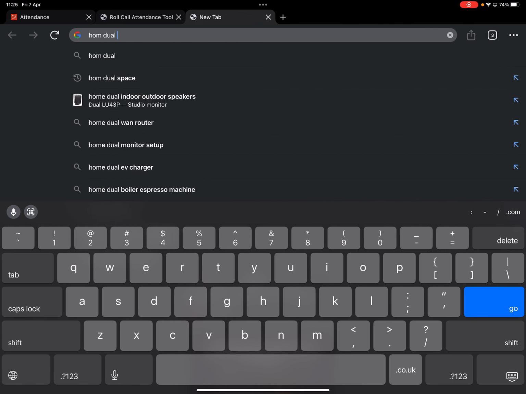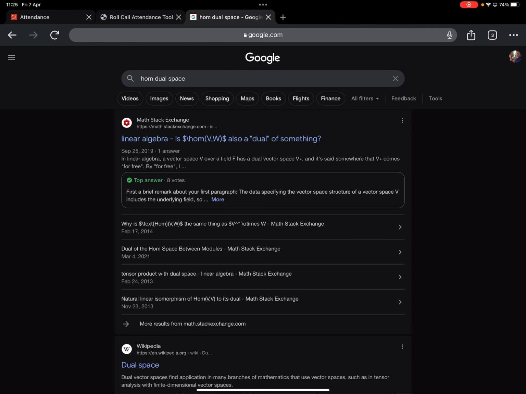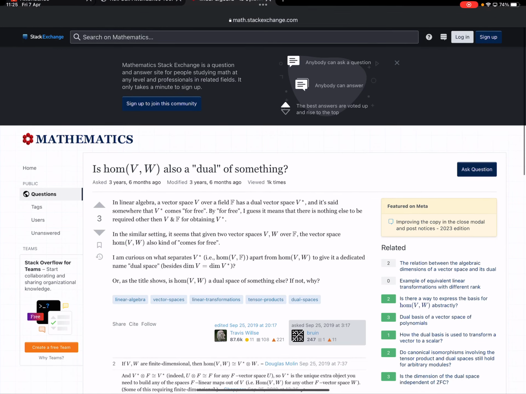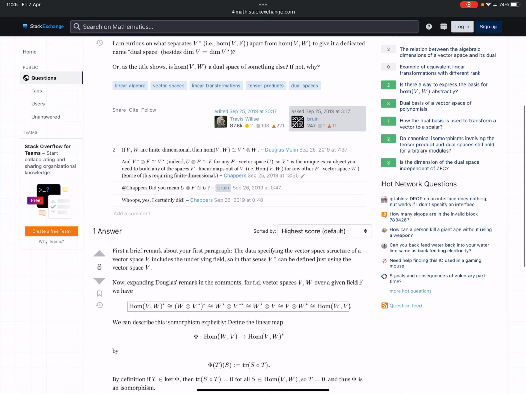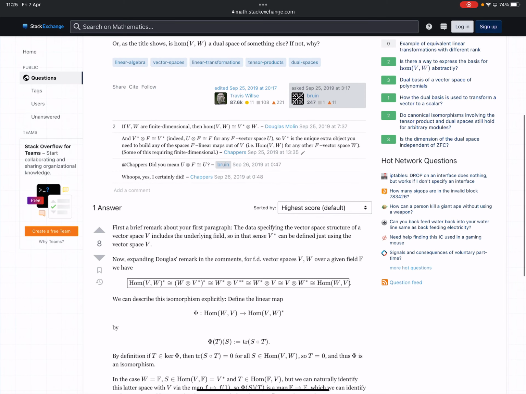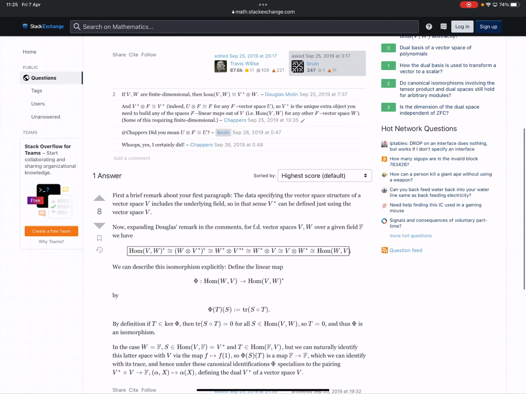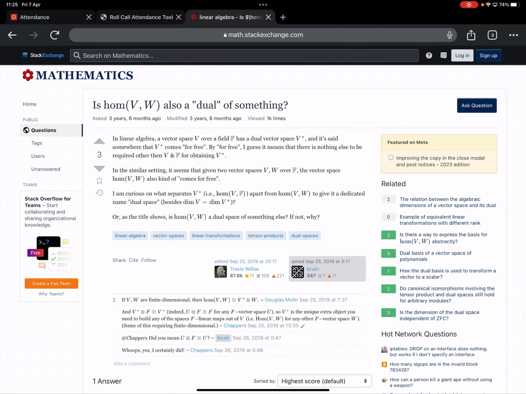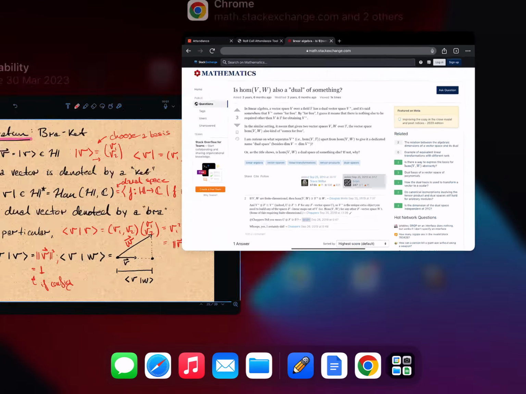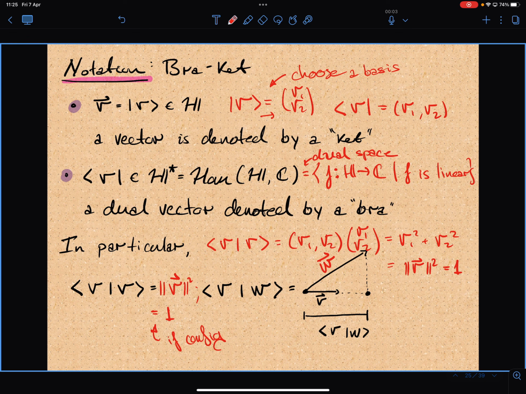But what does hom stand for? It's the dual space, and the technical definition is that it's the set of linear functionals, or the set of functions from H to C, such that F are linear.